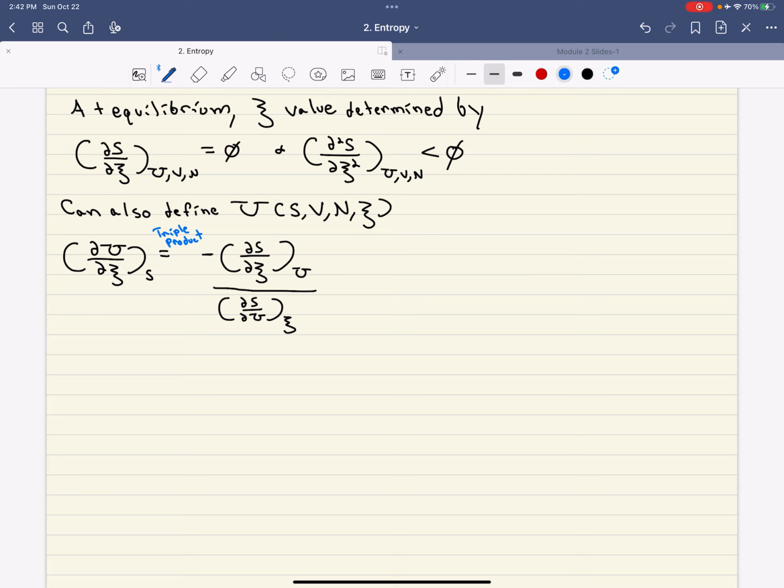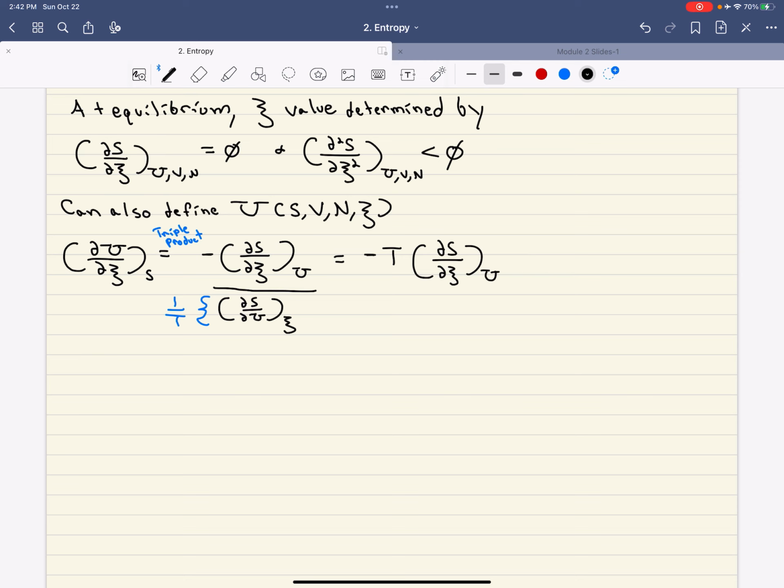Based on the triple product rule, we get these two partial derivatives. For the one in the bottom, we have dS/dU, and we know from our basic properties of entropy that this is just equal to 1 over T. So from the triple product rule, we get this relationship.